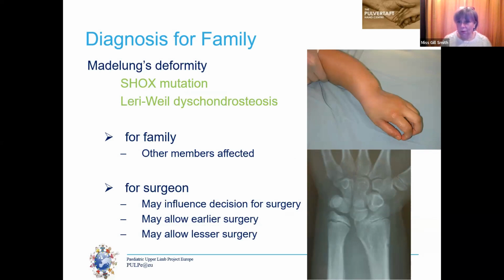Now, if you turn up with a dinner fork deformity, you're going to need some fairly major surgery if you're going to correct that. But you may have the option for a younger child that's affected to gene test them. You may be able to do earlier surgery. You may be able to do lesser surgery. You may be able to look at mum and dad and find out that they've got the deformity and that perhaps it doesn't need treatment because they coped very well with it without any major problem.